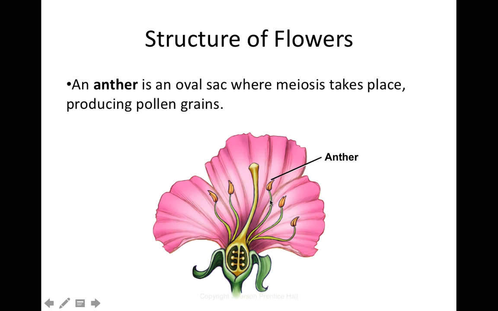And so the meiosis that takes place to produce many pollen grains, many male gametes, takes place within these anthers. Now these are only really useful if that pollen is going to be picked up by a pollinator to be taken to another flower.